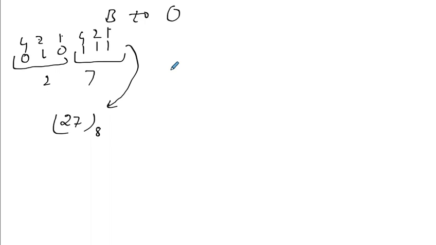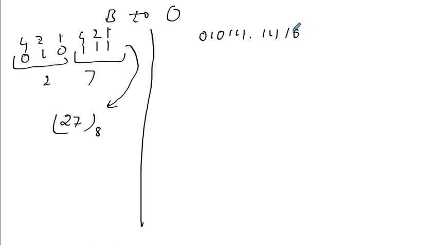Now if the binary number has a fractional part, how do we convert it? Let me take the same example: 0 1 0 1 1 1 . 1 1 1 1 0. Again the same procedure: make groups of 3 digits.